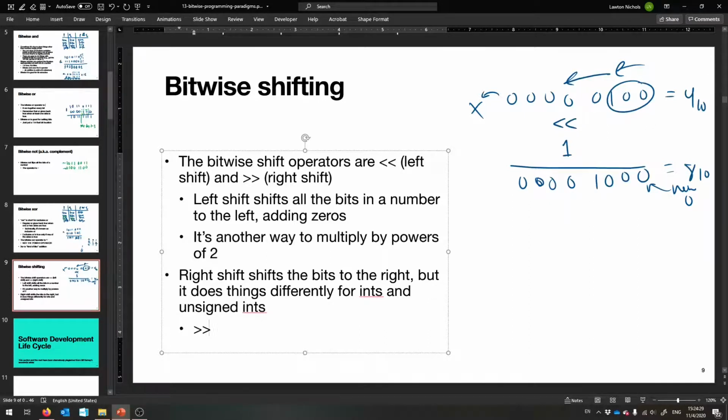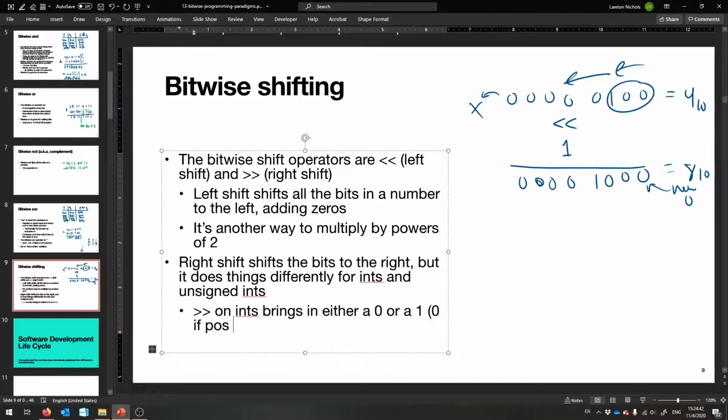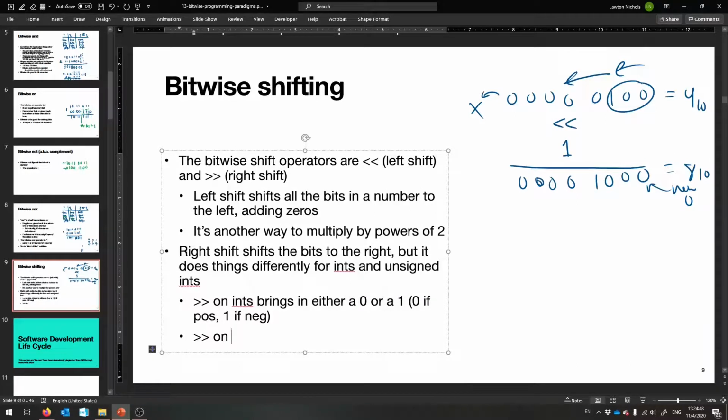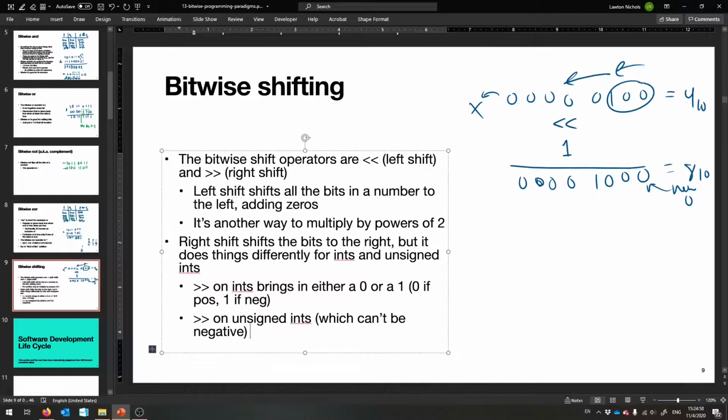Right shift on ints brings in either a 0 or a 1: 0 if it's positive, 1 if it's negative. And then right shift on unsigned ints, because we're not using negative numbers anymore, brings in a 0. So on unsigned ints, or on positive numbers, it makes a lot more sense. It divides by powers of 2.